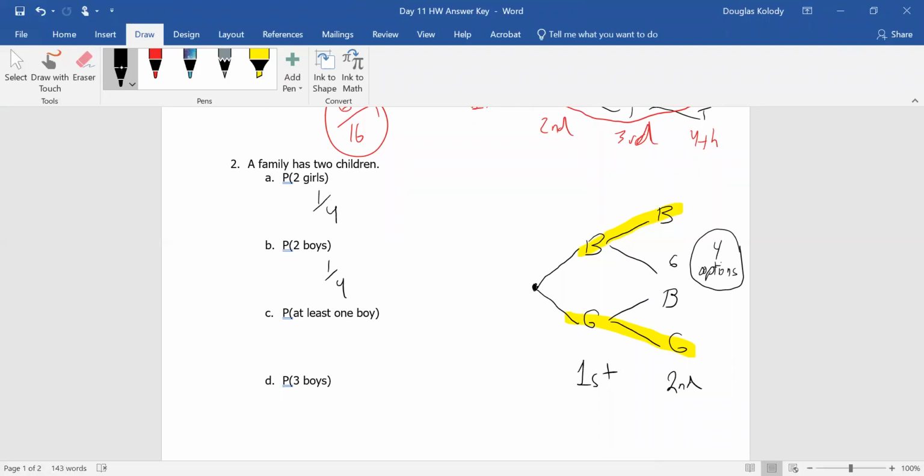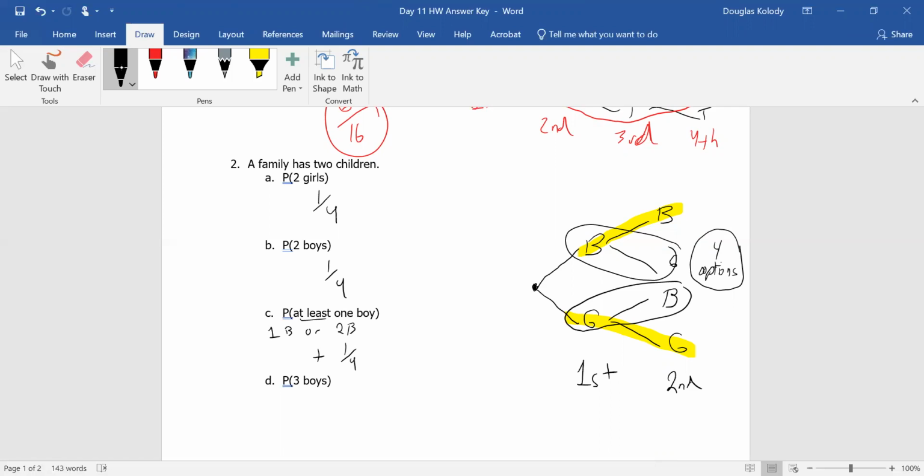At least 1 boy. At least means that number or more. So that's either 1 boy or 2 boys. We already know 2 boys is 1/4 from just above. Or means plus. How many of these branches have 1 boy? I'm just going to do circles here. I could either do boy, girl, or girl, boy.